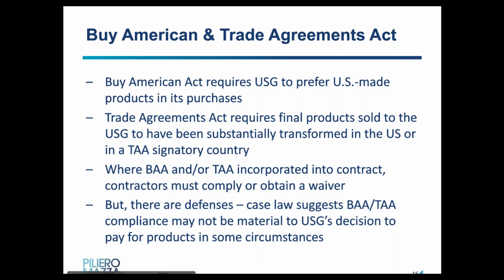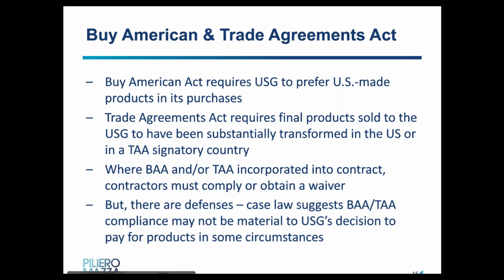And so there's a specific process, a certificate for BAA and TAA, where the contractor makes its representations about whether the product is from a foreign country or not. I want to point out that it's basically a representation by omission.